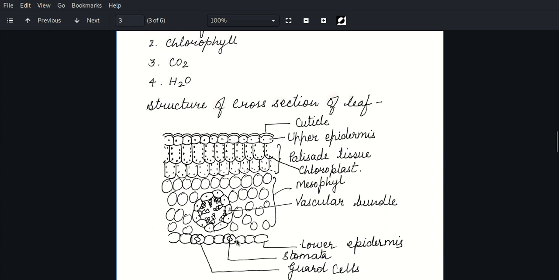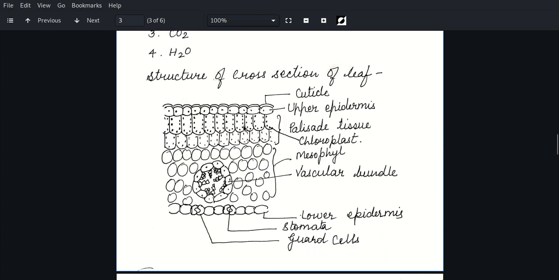In lower epidermis there are small pores, and these small pores are called as stomata. These tiny pores are surrounded by specialized cells called as guard cells. These guard cells are responsible for opening and closing of stomata.